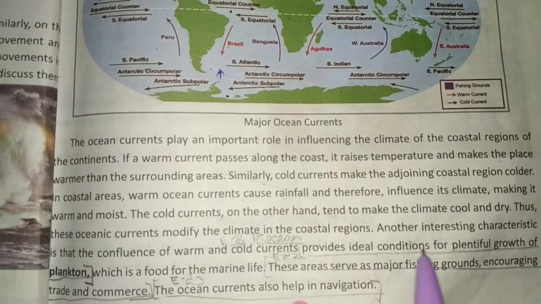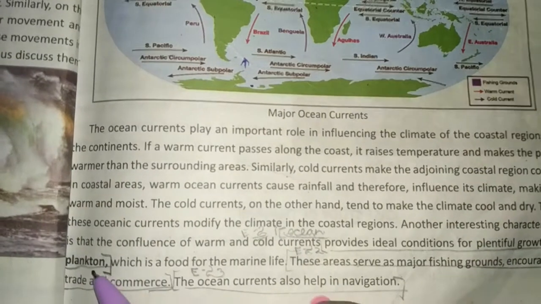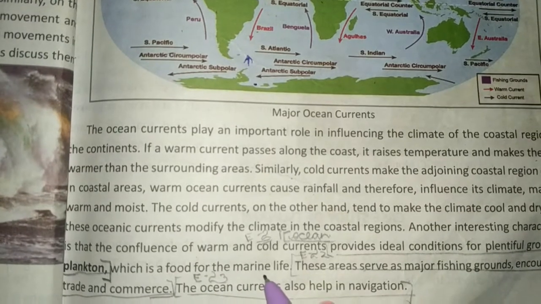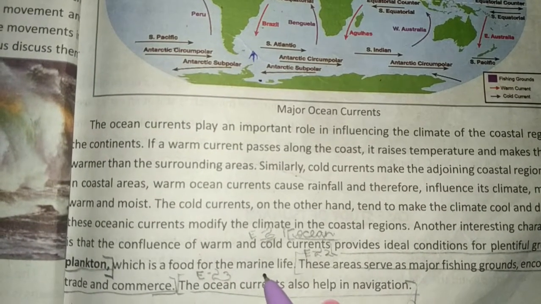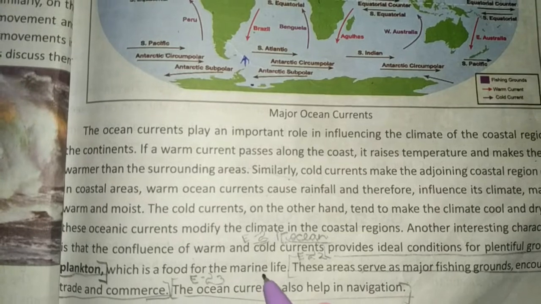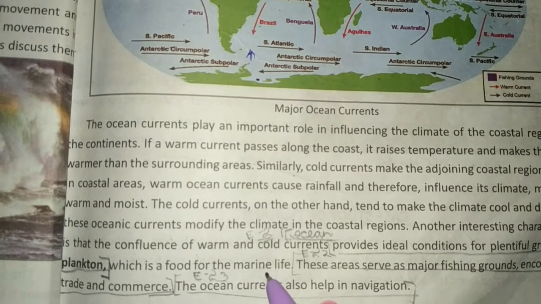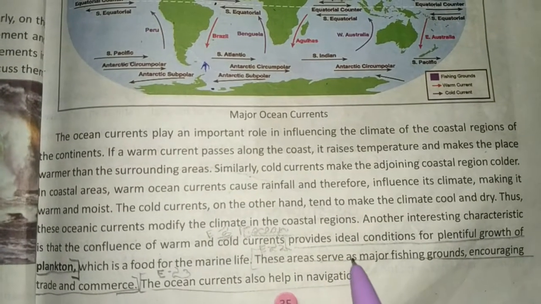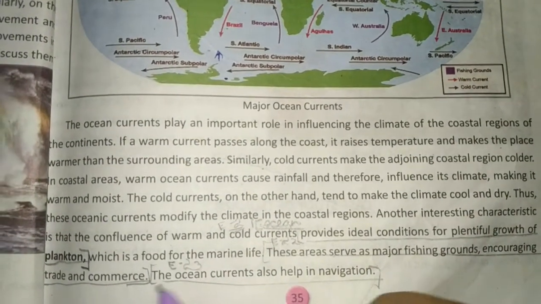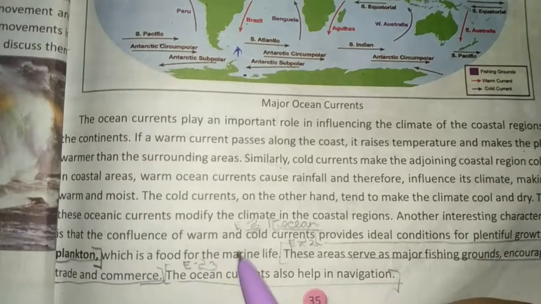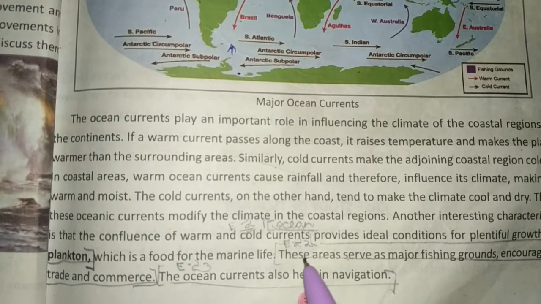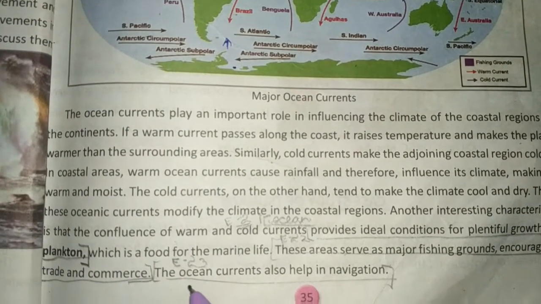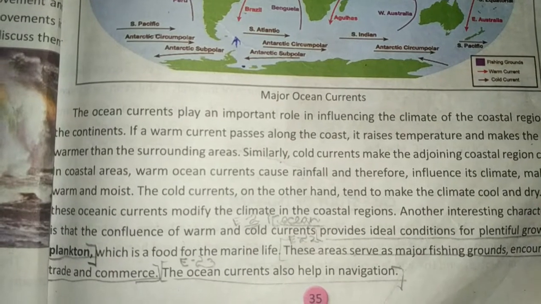It provides ideal conditions for the plentiful growth of plankton. Plankton are the food of marine life, meaning the living organisms found inside the water, like fish and other aquatic species. These areas serve as major fishing grounds, encouraging trade and commerce. The ocean currents also help in navigation.